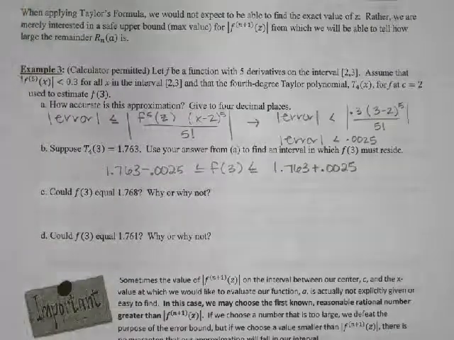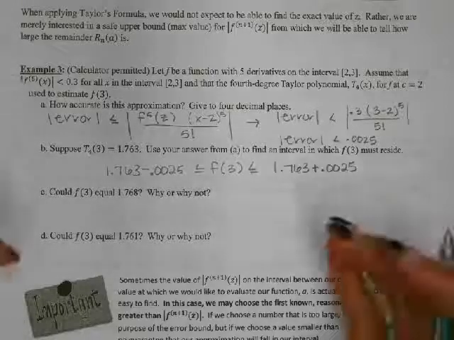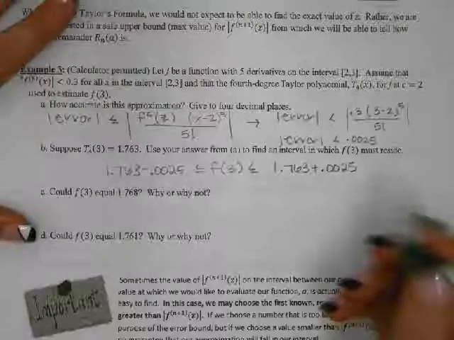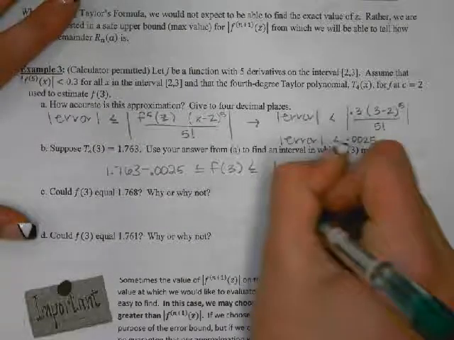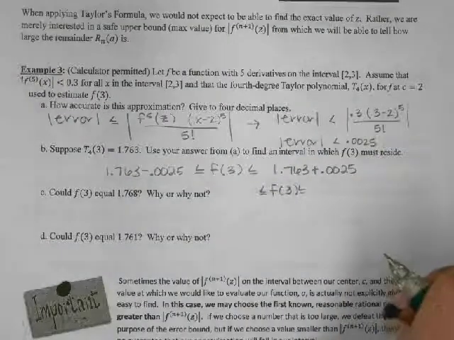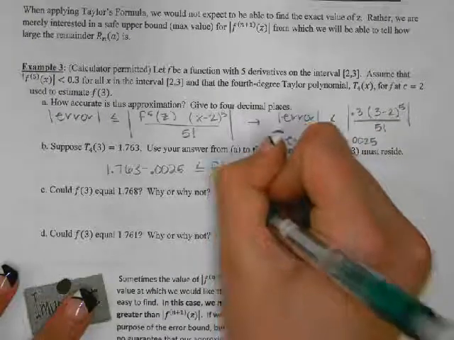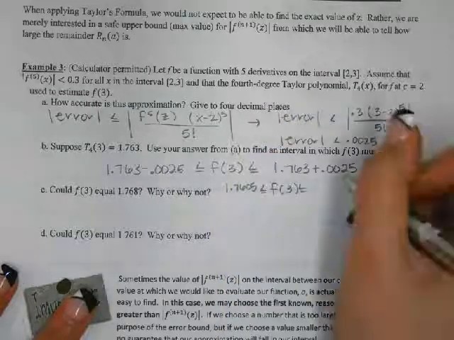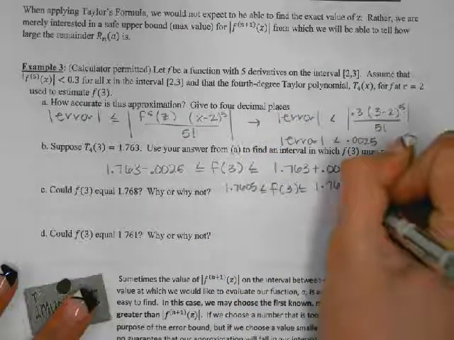And again, these error bounds are giving you conservative estimates. So they're saying this interval is a little bit bigger than it needs to be. We just want to make sure that we really got it. So we're going to say that f of 3 is somewhere in between 1.7605 and 1.7655.